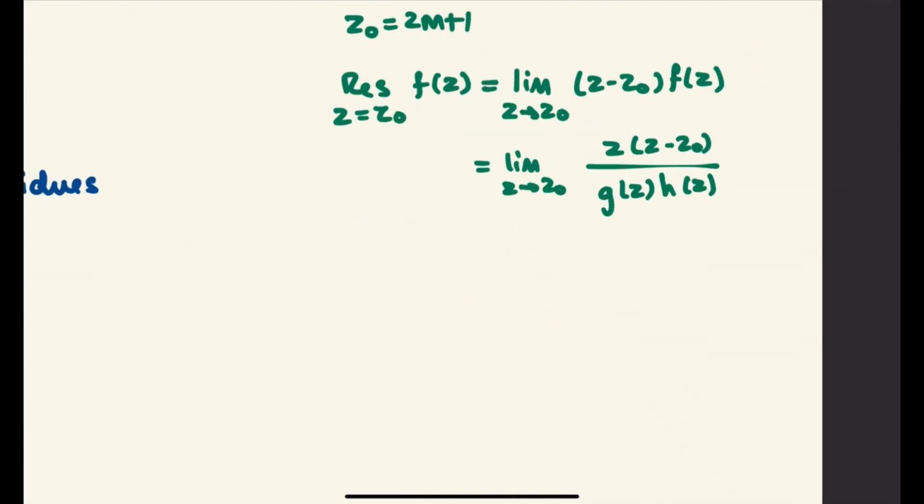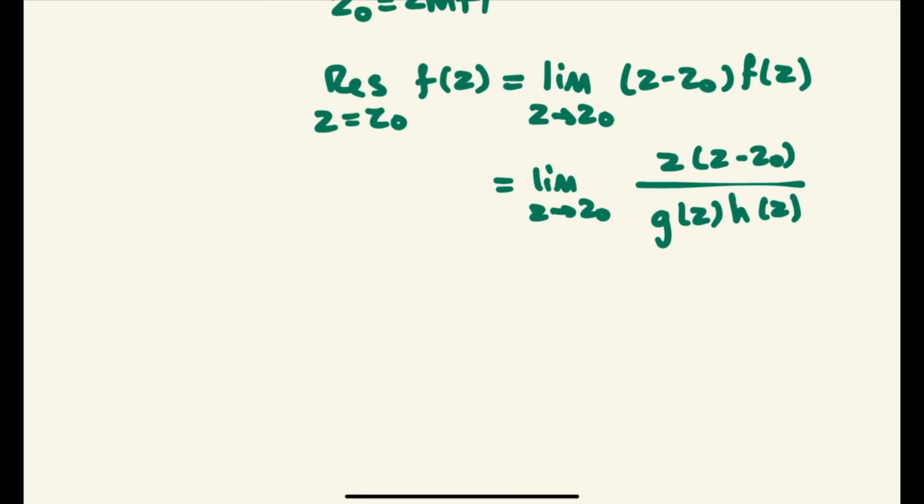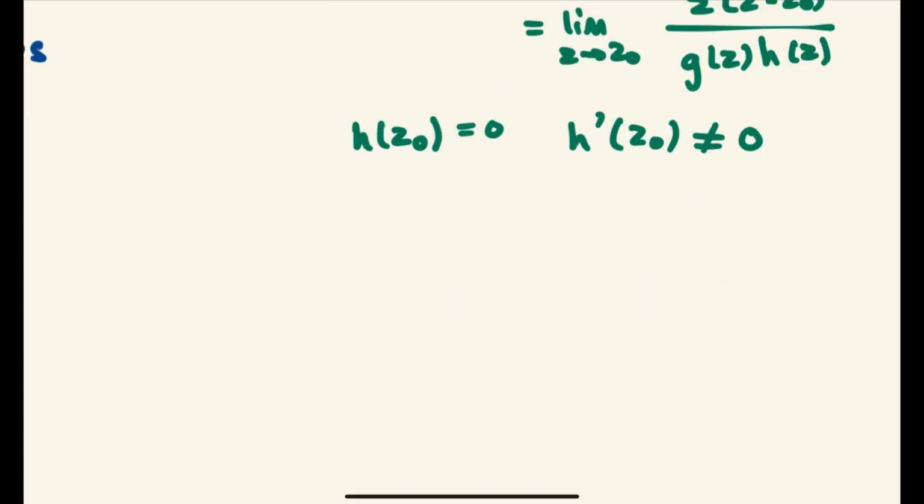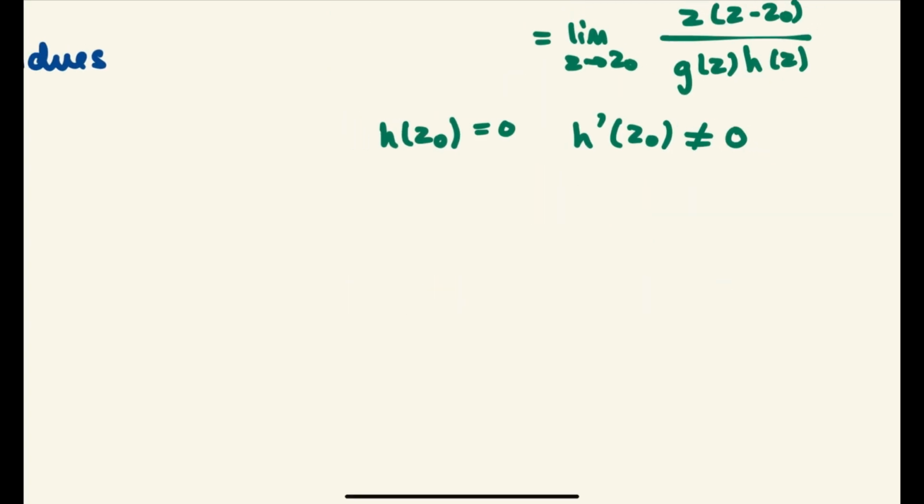Now, we know that h of z0 equals 0. I'm going to tell you guys that h dash of z0 does not equal 0, and you can verify that. What this tells us is I can approximate h of z in a linear way. So h of z is just h dash of z0 times z minus z0.